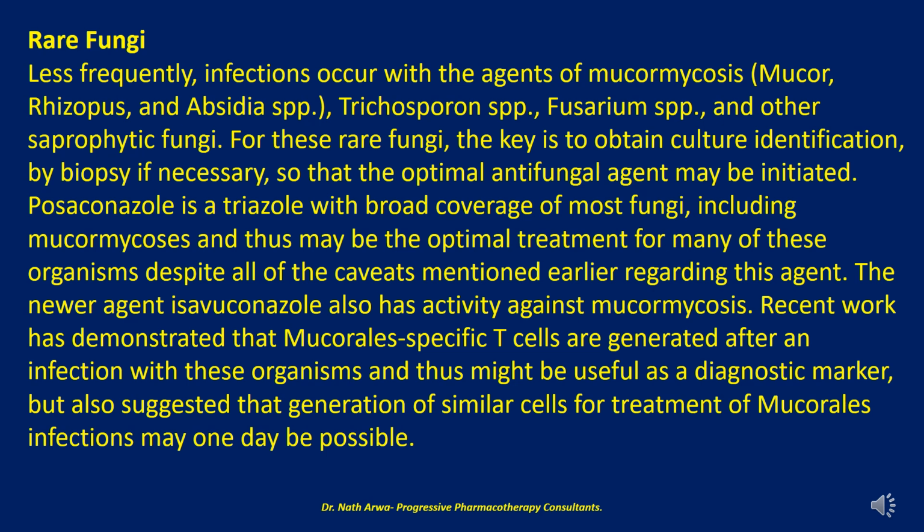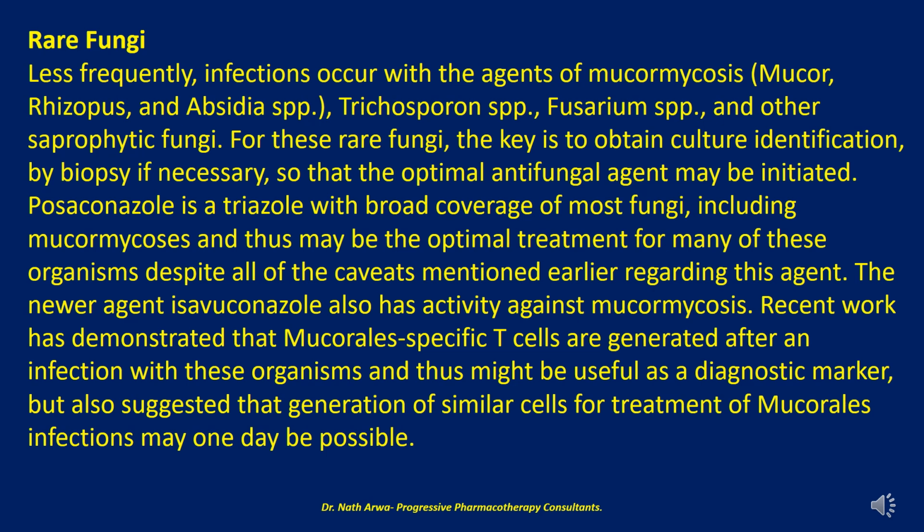Less frequently, infections occur with the agents of mucormycosis, Mucor, Rhizopus, and Absidia species, Trichosporon species, Fusarium species, and other saprophytic fungi. For these rare fungi, the key is to obtain culture identification, by biopsy if necessary, so that the optimal antifungal agent may be initiated.